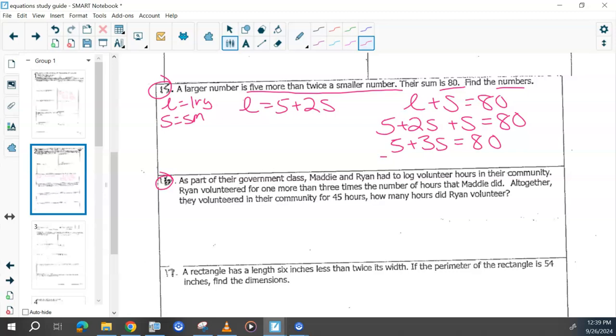Get rid of 5 by subtracting. And divide both sides by 3. What is S? What is 75 divided by 3?